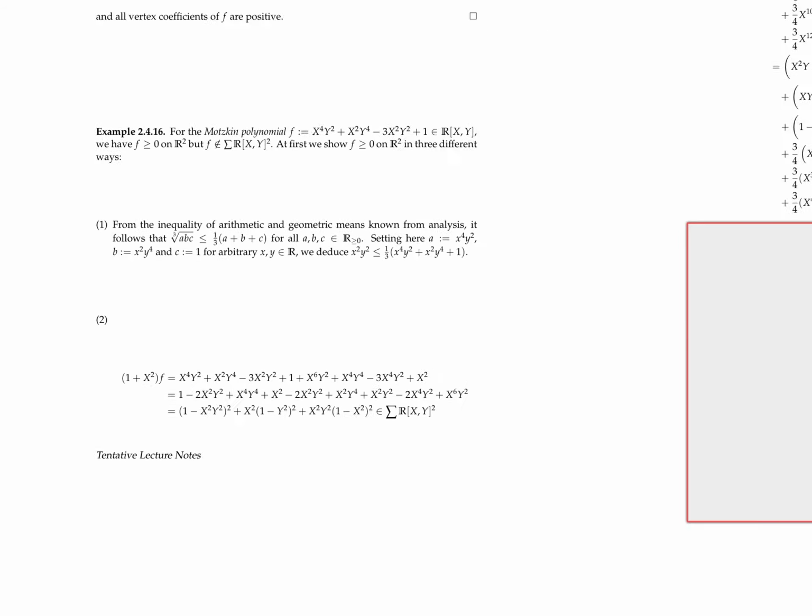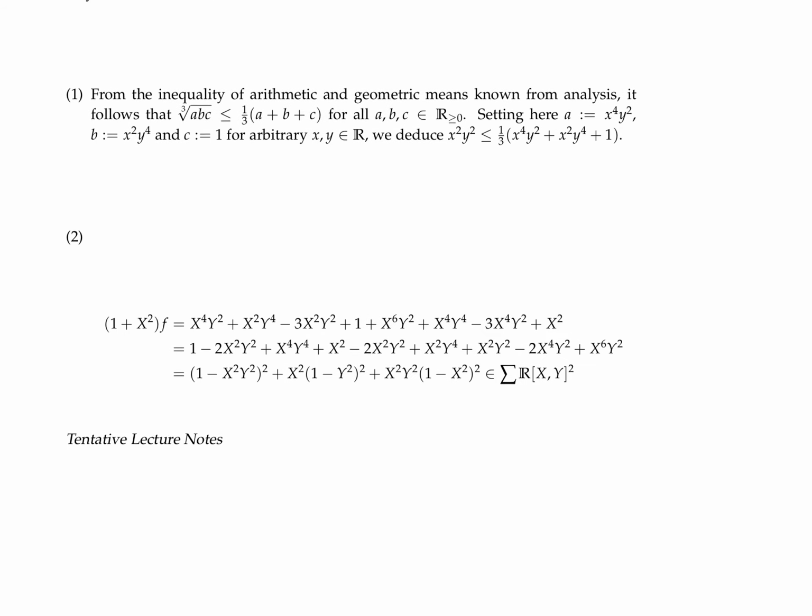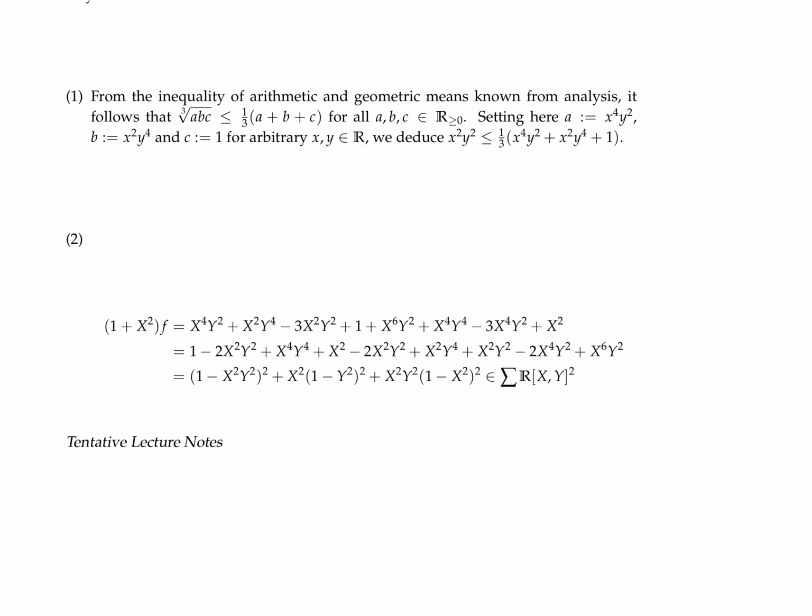Okay. And another way of doing this, so that was the third way, but the second way is also another certificate. It's a certificate for 1 plus x squared times f being non-negative. I write that as a sum of squares of polynomials.